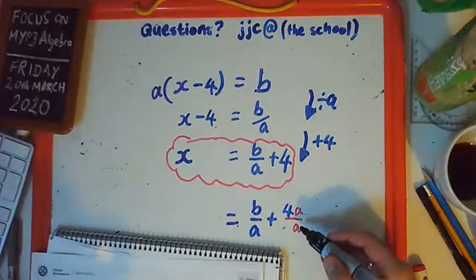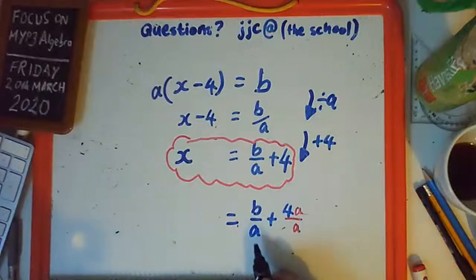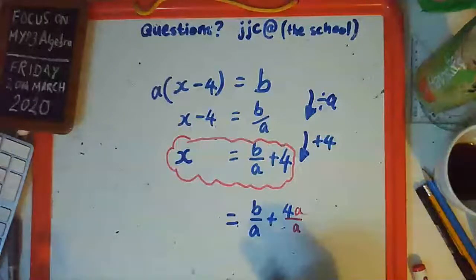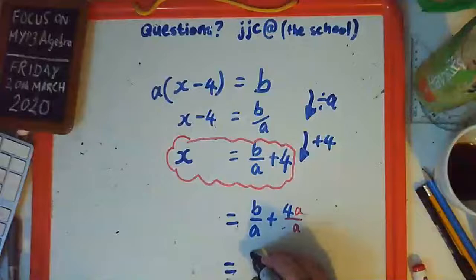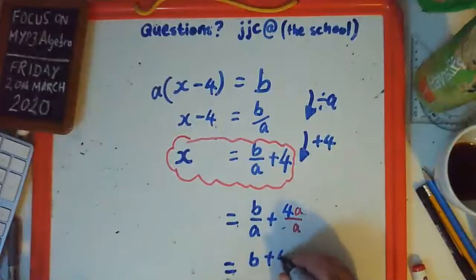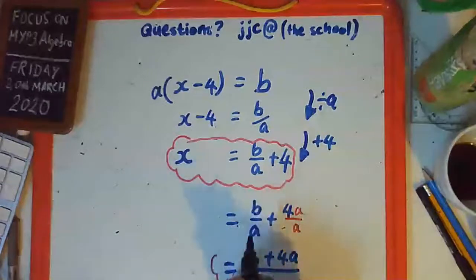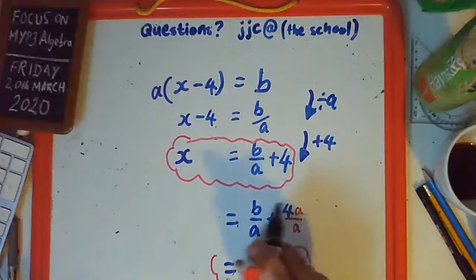And the reason I've done that is so that now I've got two separate fractions and they've both got the same denominator. So I can just write that as one big fat fraction, b plus 4a, all divided by a. So that's another acceptable alternative form for the answer.